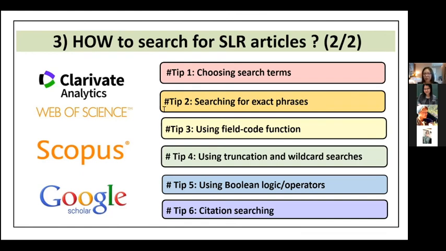It's not an issue as long as the process of searching the articles is quite transparent. I guess the reviewer will focus more on the methodology and the process of your searching, instead of how many articles you can retrieve or include, because it all depends on the topic. If your topic is something new, it's quite difficult to increase to, let's say, 100 or 200.